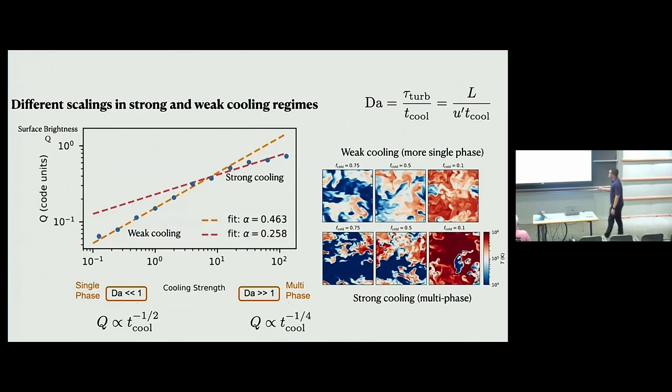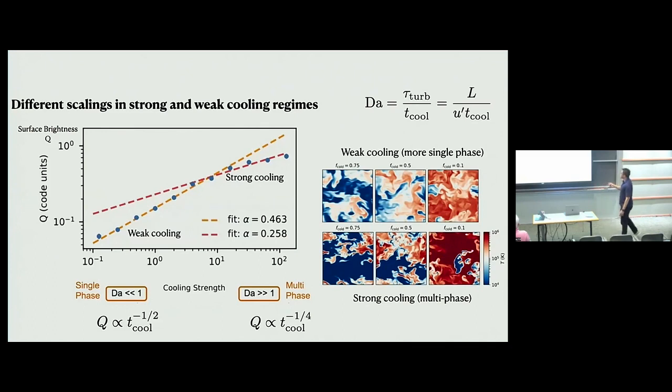In the strong cooling regime, you have something that looks like essentially more single-phase turbulence, where everything comes to a mean thermodynamic temperature. It looks like standard diffusion, and you get the square root scaling.